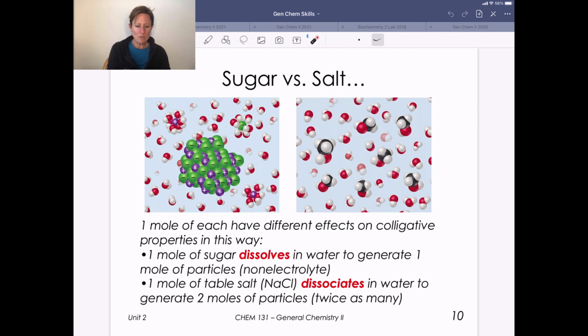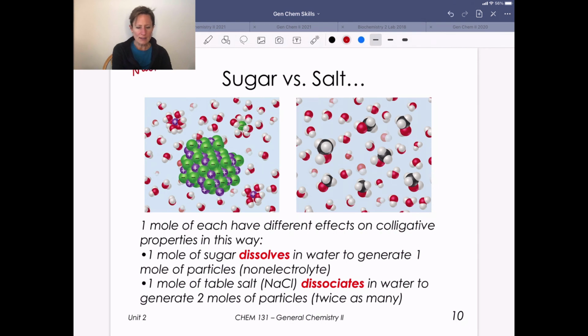So when we think about salt, we're going to have that dissociate into particles. If we've got 1 mole of sodium chloride, this dissociates into 2 moles of particles. If you need to go back and review that from Gen Chem 1, when we've got sodium chloride, let's go ahead and write it up on top here.